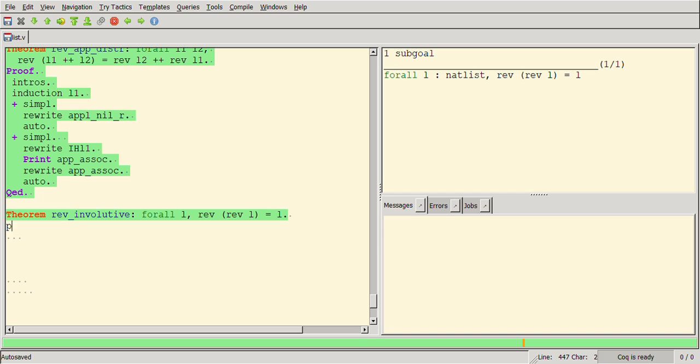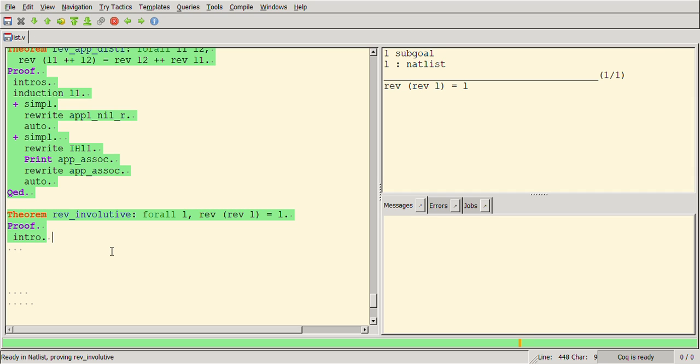Okay, so we get into the proof mode, and here intro. So it will introduce L into the hypothesis, and we can use induction on the only one variable, and that is L. We can also use induction with the as directive.